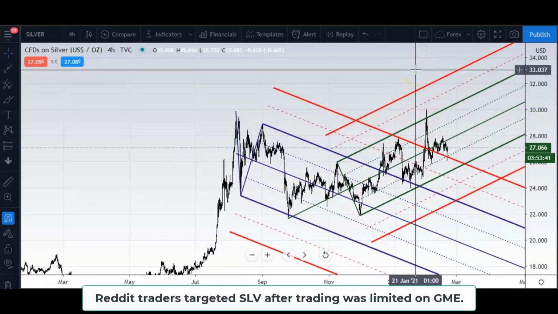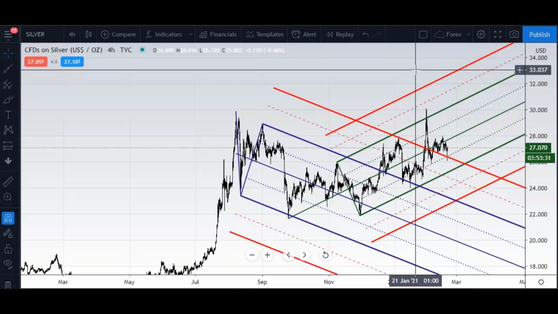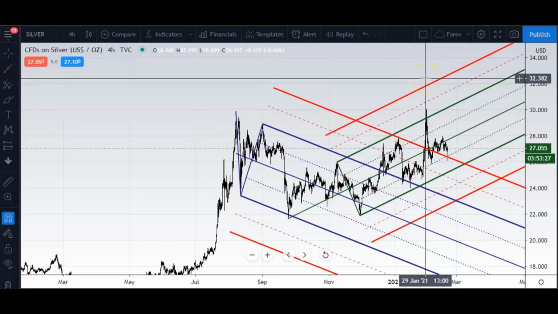There was a lot of talk about the guys on subreddits and so forth, who pumped the price in GameStop, that they were also getting into, I believe, SLV, which is the silver ETF, and they were trying to also pump this.